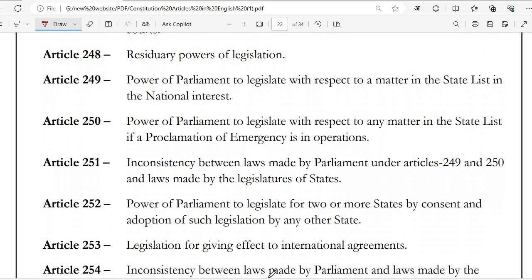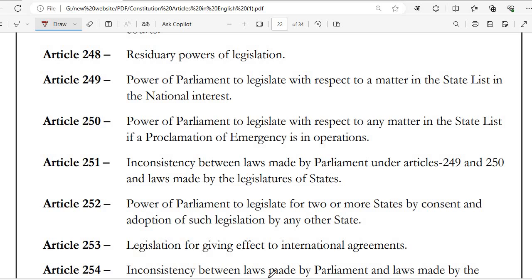Article 248, very important: residuary powers of legislation have been given to the Parliament. Article 249 provides a special power to the Rajya Sabha to make law over the state list. On any subject in the state list, the Rajya Sabha can make law if the subject is of national importance.